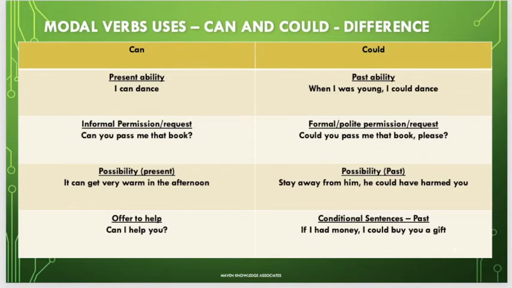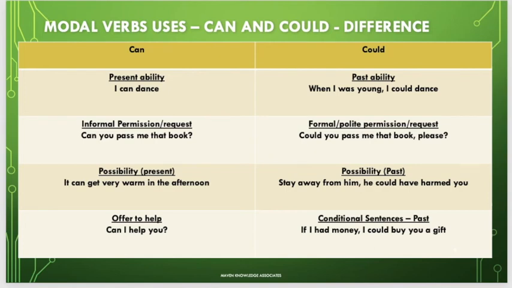Now let's talk about the difference between can and could. Can talks about present ability: I can dance. Could talks about past ability: when I was young I could dance. Can talks about informal permission or request, like can you pass me that book. Could talks about more formal or polite permission or request: could you pass me that book please.